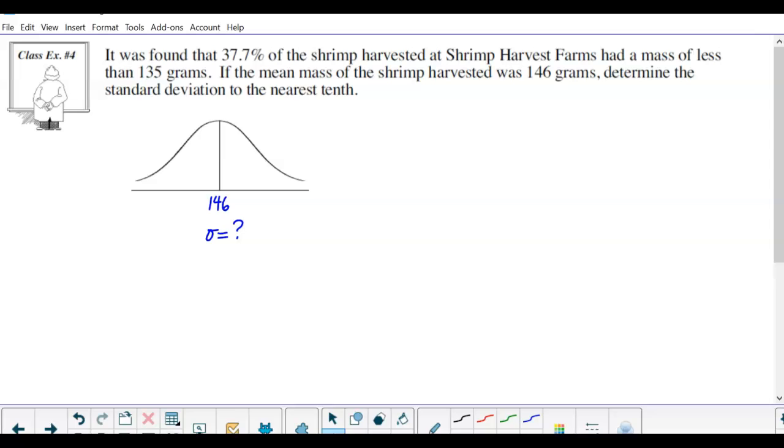We know for 135 grams, let's say that's here, that represents 37.7%, which is 0.377.